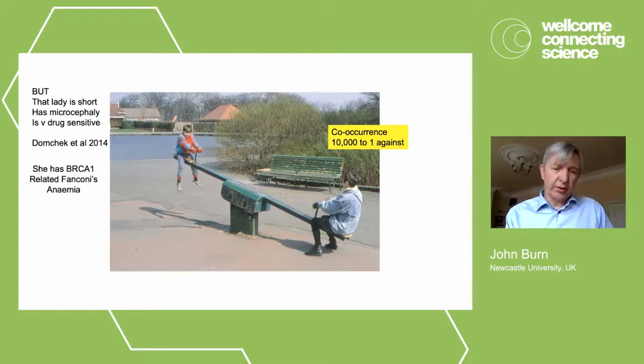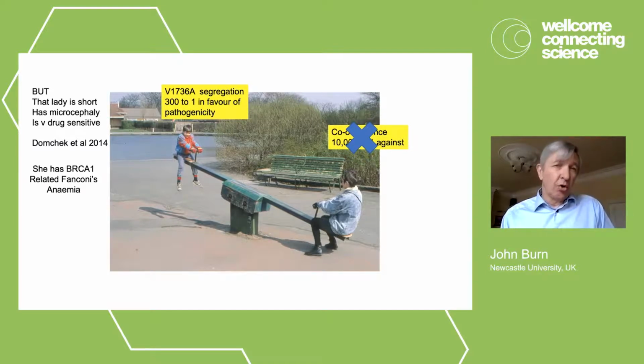And so what we'd effectively done was cancelled out the co-occurrence in the Bayesian calculation. And when you looked at the rest of the evidence, it was actually very much in favor of this variant being pathogenic, albeit probably hypomorphic to allow the patient to have survived with 2 faulty copies of the gene.